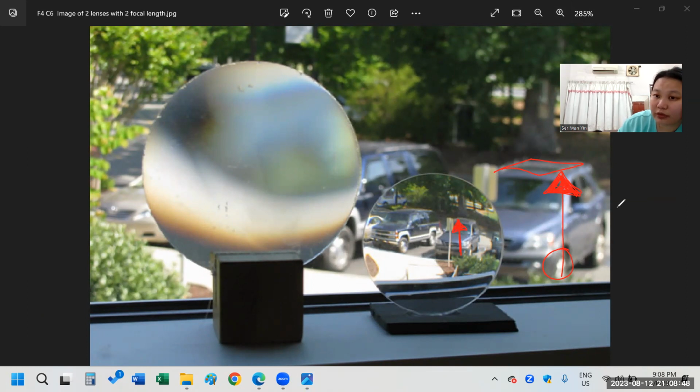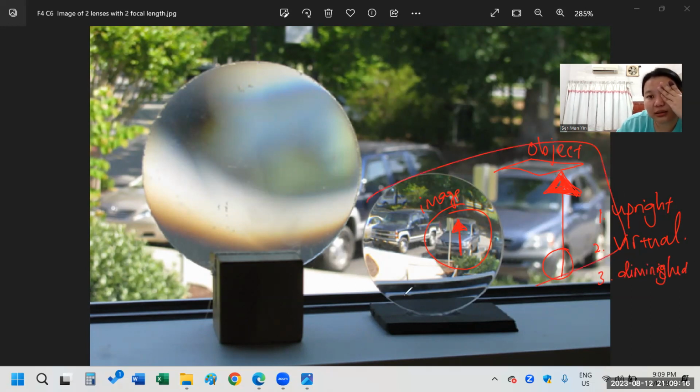Both of them are upright. Since upright, this is virtual, which means this image cannot be projected on the screen. But this is object, this is image. Now what's happening? 1, 2, 3. So the size actually is diminished. For this case, this is a convex lens.